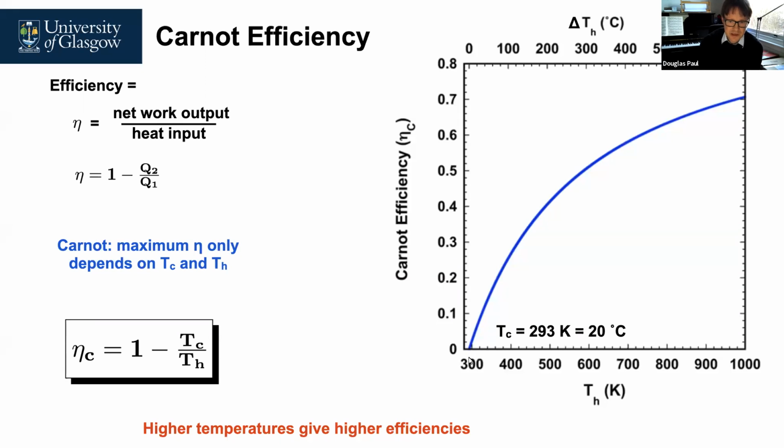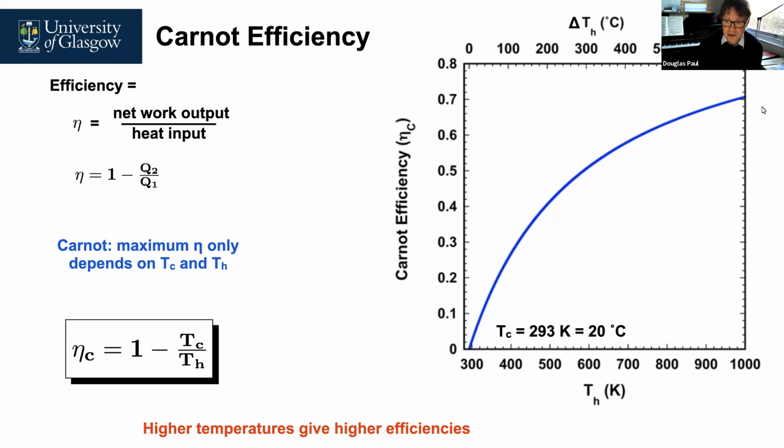And what I've done here is I've taken the cold side temperature as 293 Kelvin or 20 degrees C. And for this equation, we really want to have this done in Kelvin. And what we've got up the top is the delta T H that we have going on.